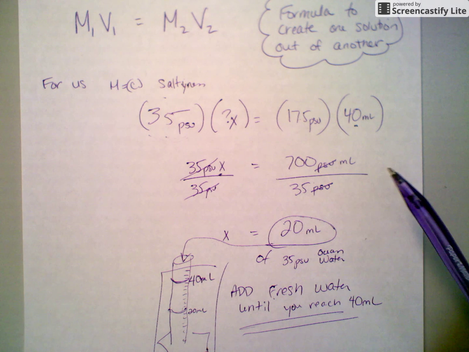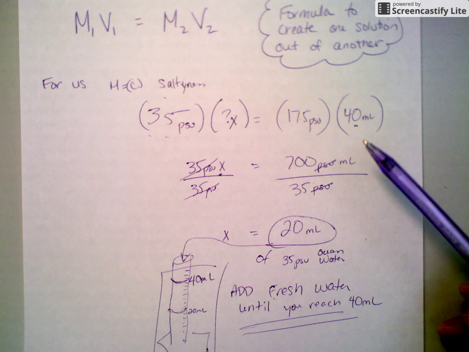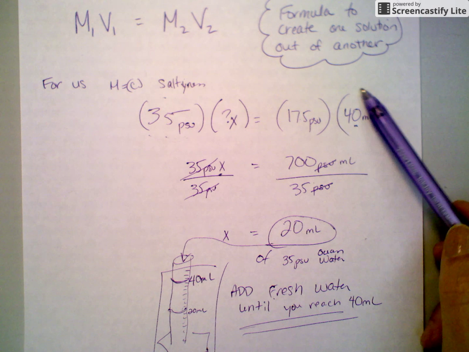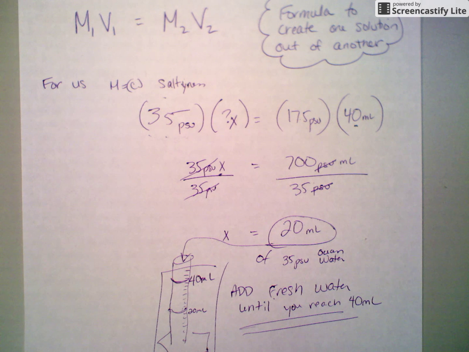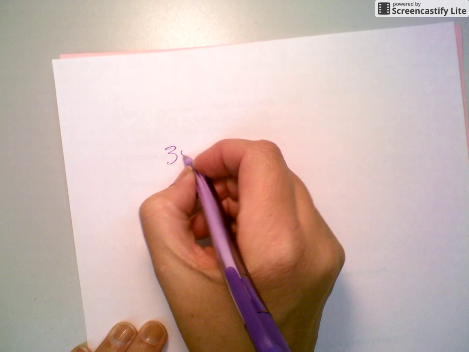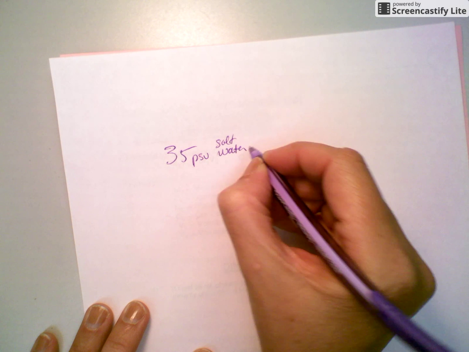That is true. So let's actually look a little bit at a more particular problem. I do see that you know that your end amount was 40 milliliters, so you just poured in half and then cut it with half. That's okay. But let's try one more problem, please. Let's say you still have your 35 PSU salt water, because that's the only thing I'm going to give you tomorrow in class.